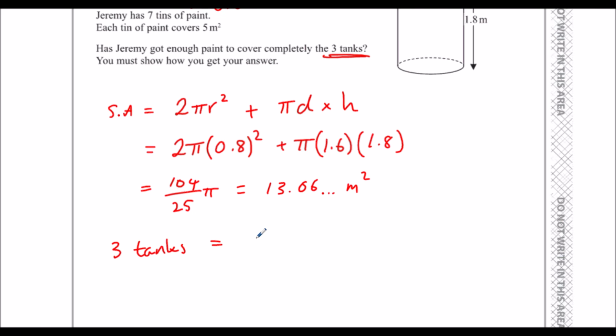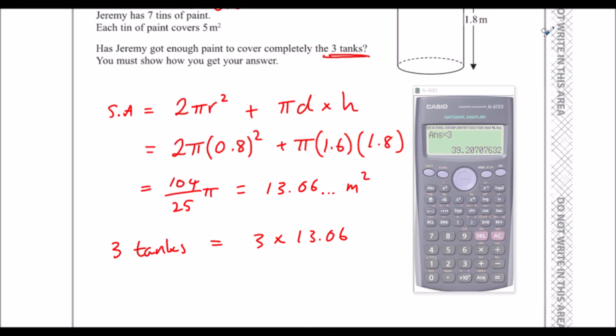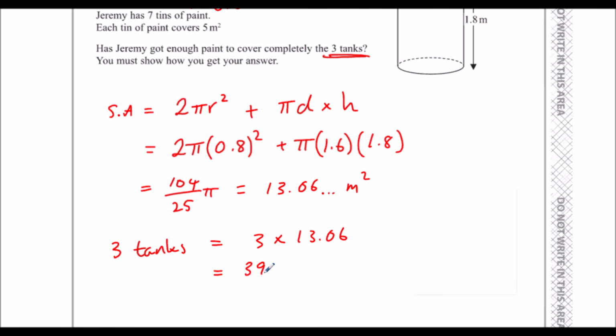So we want 3 times our answer. So we've got 312 over 25 pi, or 39.2 meters squared. So that's how much paint we need.